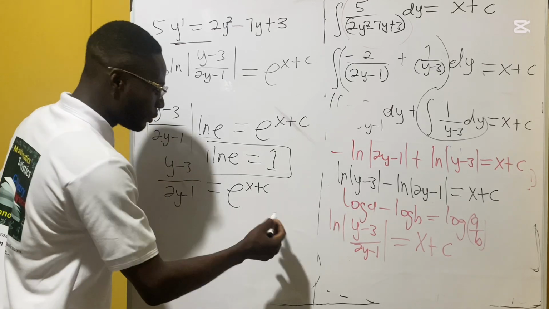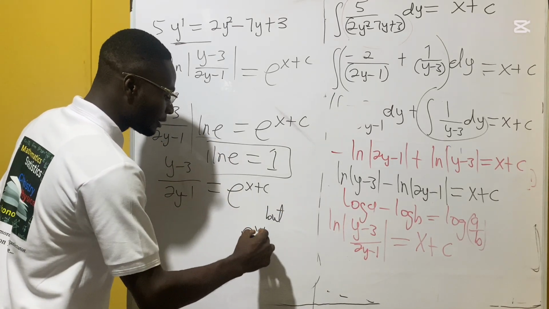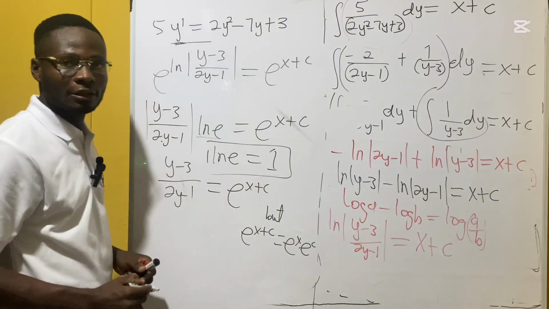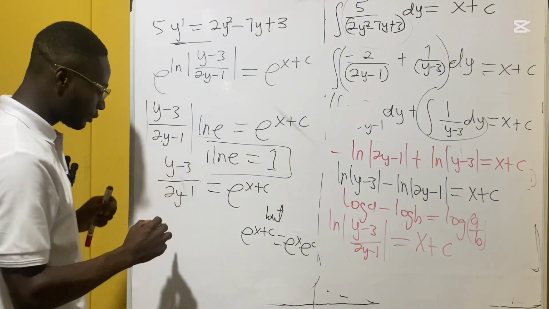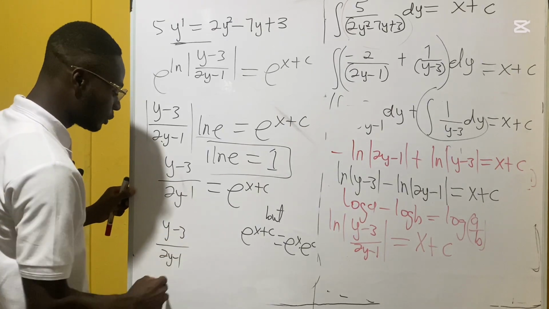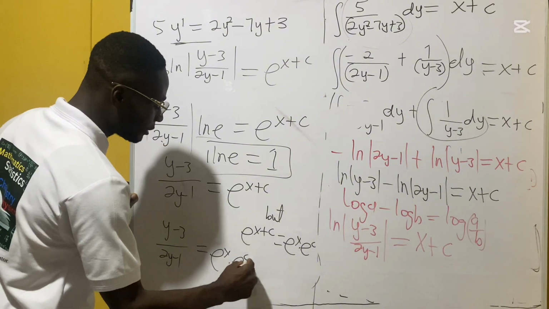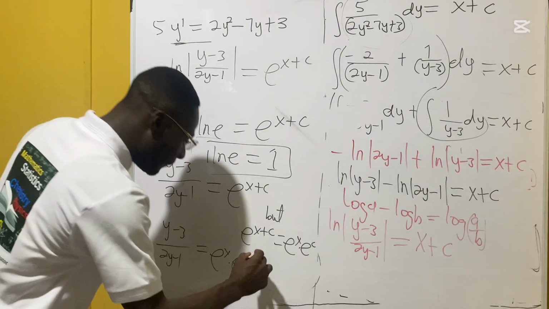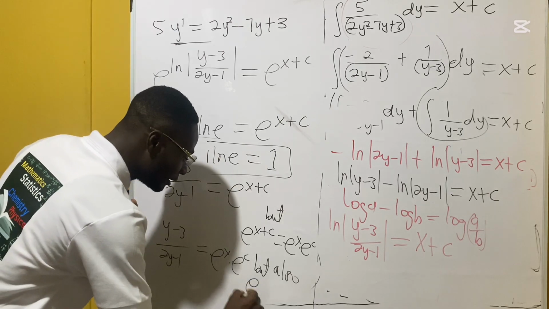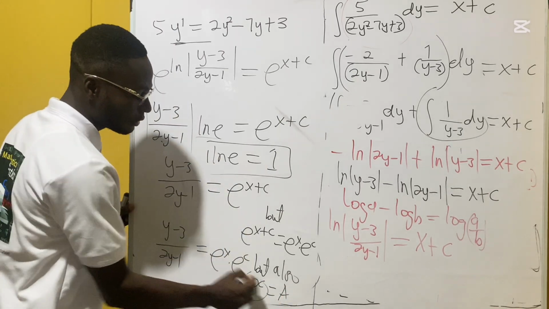But of course, we know that e power x plus c is the same as e power x times e power c, right? So here, we have y minus 3 on 2y minus 1, and that is equal to e power x times e power c. But also, we can say that e power c should be equal to a because it's a constant, right?